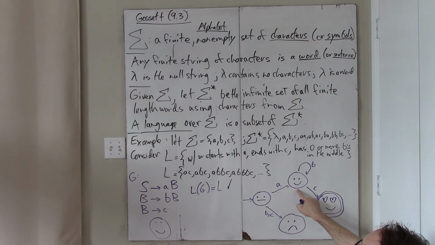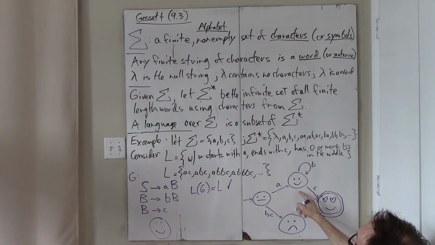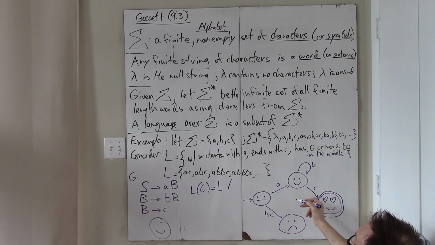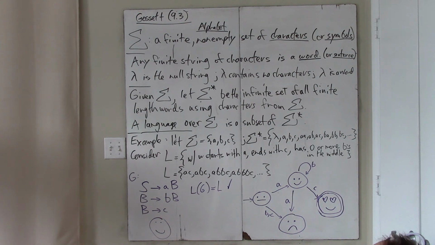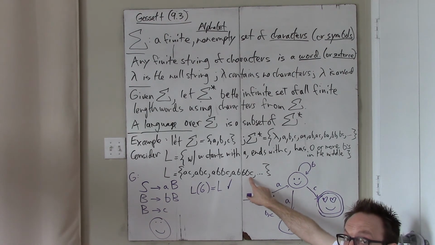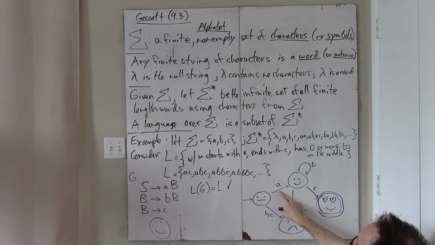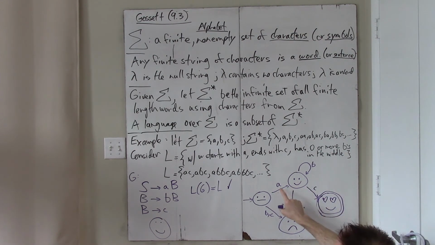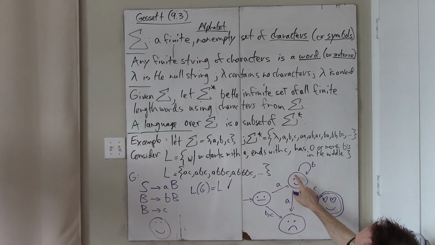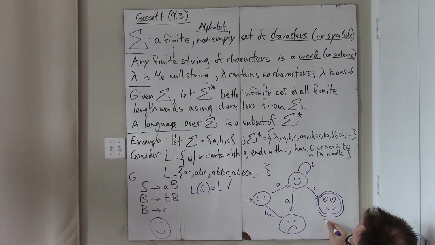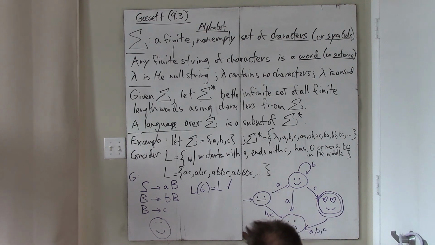So what's the other thing to worry about is that if I'm here at B, what if I should read an A? Well, if I read an A here, then I automatically go here. And this string needs to end in precisely one C. So if I made it all the way here, it means that one A happened at the very beginning of the string, then some B's happened, then one C happened. But if anything else should happen, I should go to the sad place.